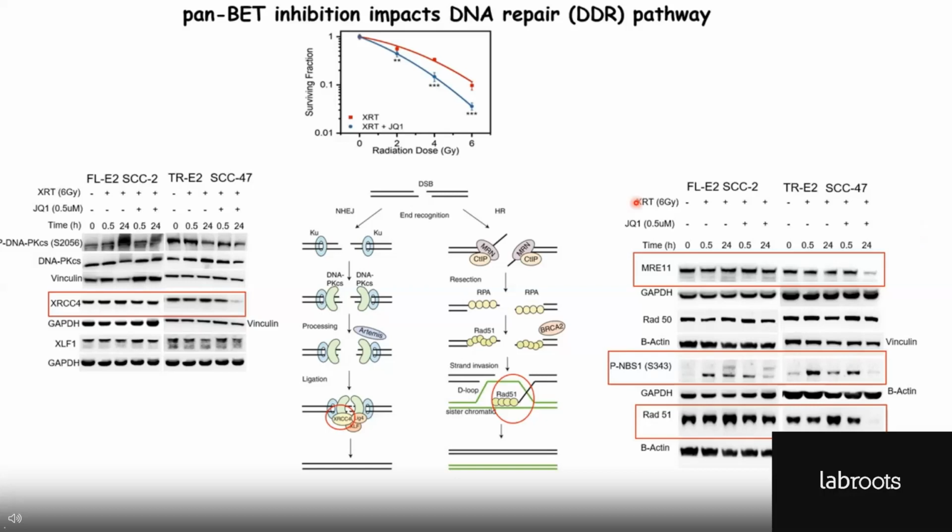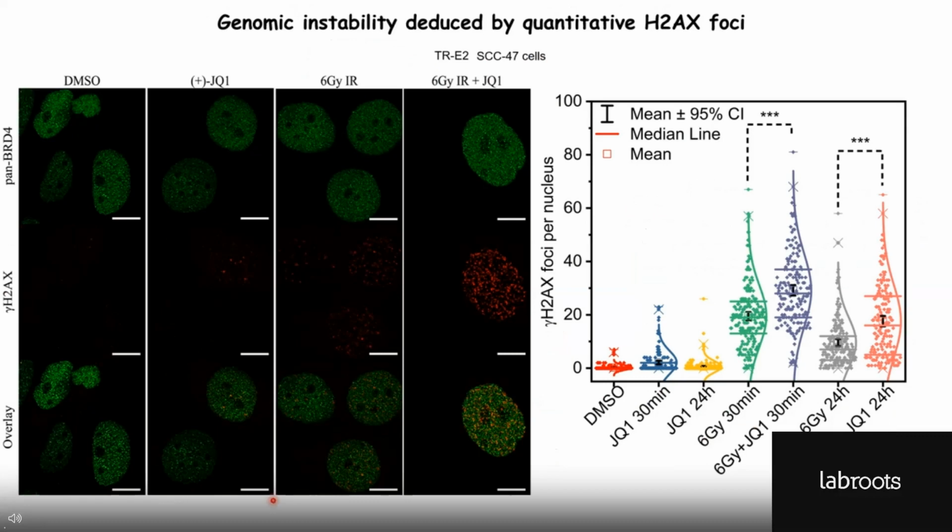we assay this? So we looked at gamma H2AX repair foci formation, and we were surprised that we could still see the gamma H2AX foci being retained at 24 hours, and more of this was retained, suggesting that the repair activity was delayed.